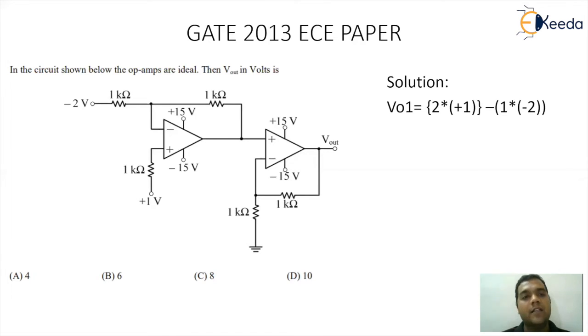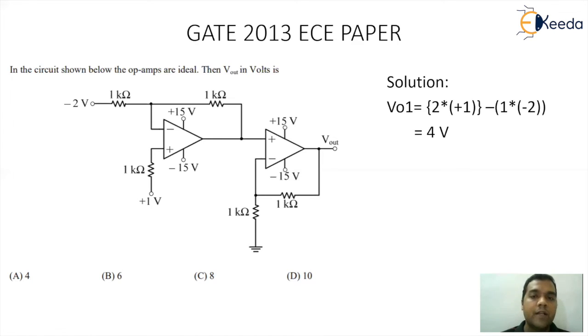Secondly, when I consider the minus 2 volt as an input, then the gain will be minus of 1K by 1K. So it will be minus 1 into minus 2. So automatically the output will be plus 2. So overall, the value of VO1 will be 4 volt.